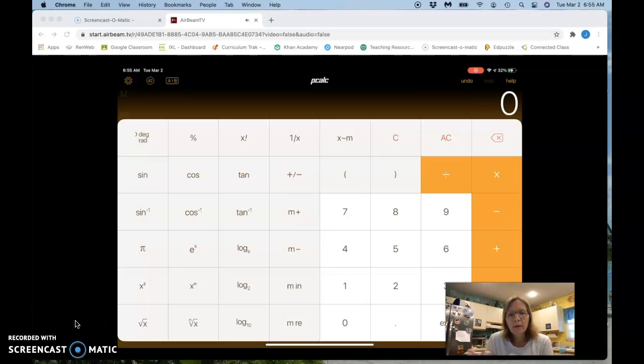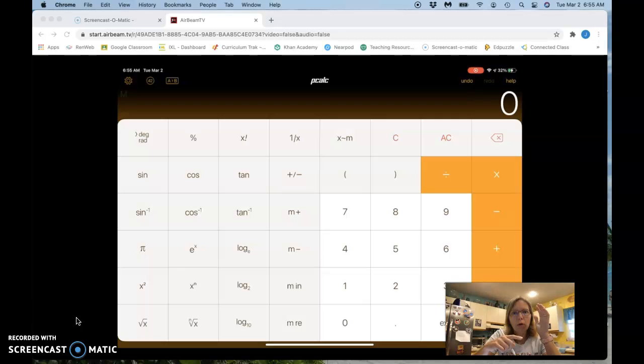Okay, so if you have the calculator that I had you buy for my class, you're going to put your parentheses around your negative 3 and then do your exponent, which is that little caret button. It looks like a little point almost. That will give you whatever exponent you want.